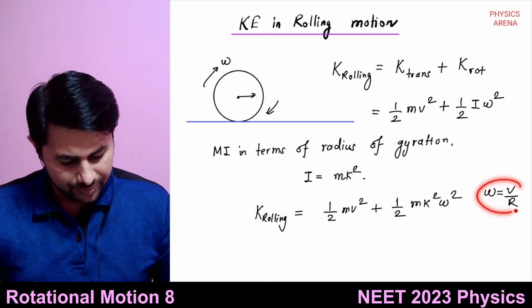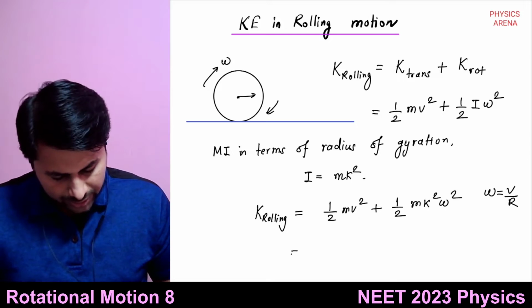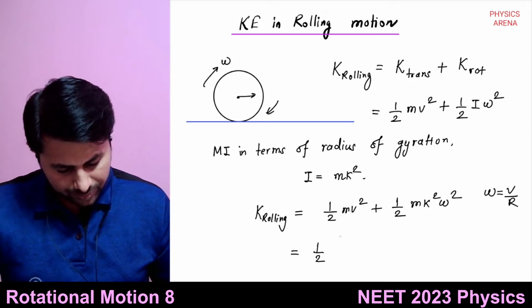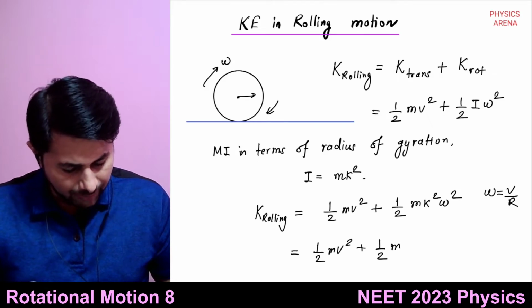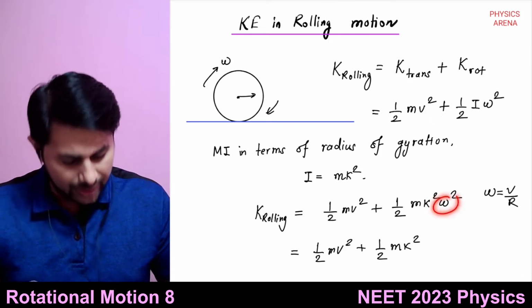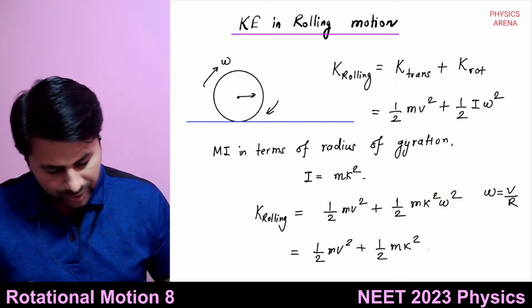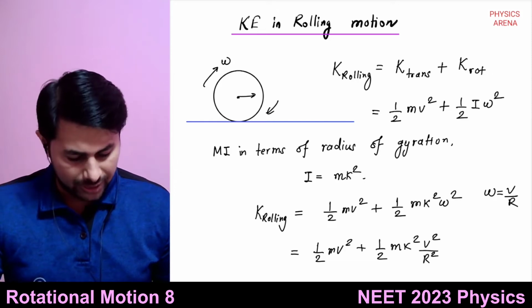If I write that, what do I get? This is equal to half of mv square plus half of m multiplied by k square, and omega is v upon r, so omega square is v square upon r square.